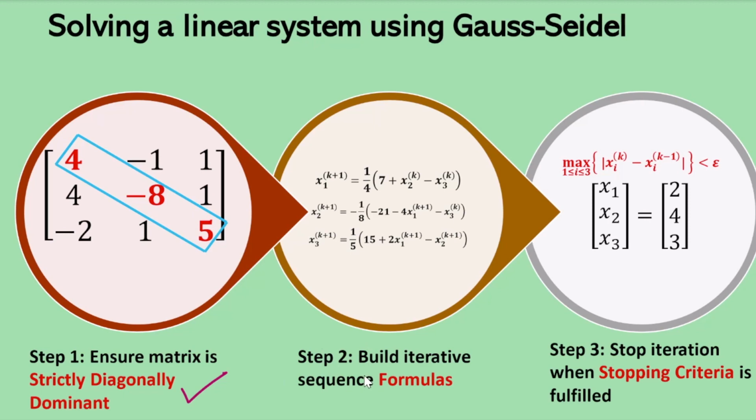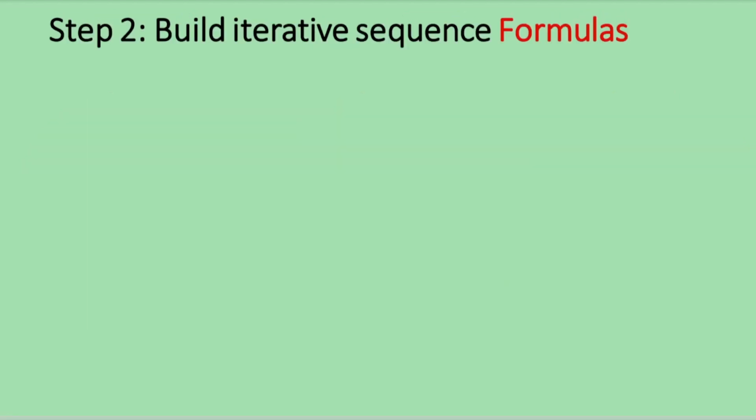We will build iterative sequence formulas using the arrangement of the matrix that we have here. Okay, let's start. To build the iterative sequence formulas, I need to rewrite the arrangement of the linear equations that I have.